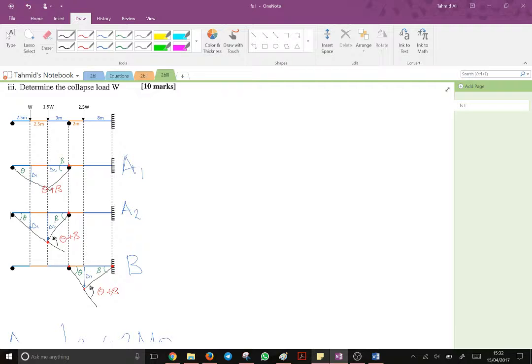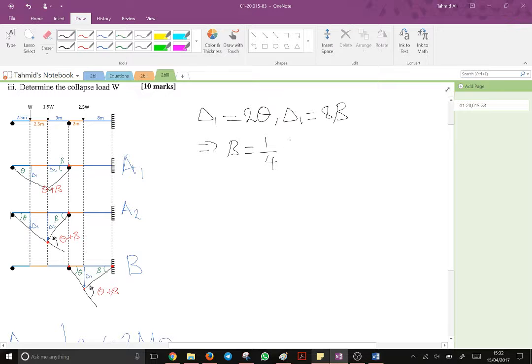Since there's only one deflection that we're considering, since there's one load acting at this part of the beam, we have delta 1 is equal to 2 times theta, and delta 1 is equal to 8 beta. From this we know that beta is equal to 1 over 4 theta.